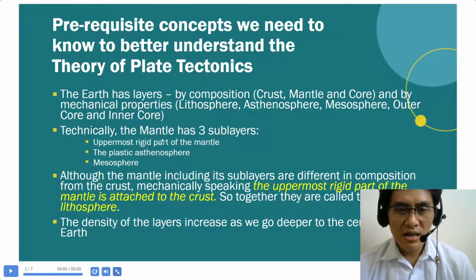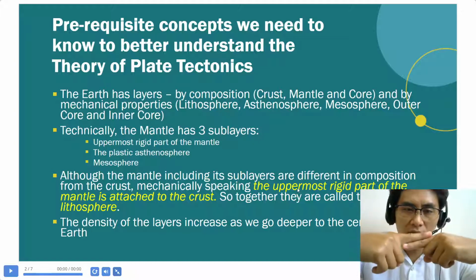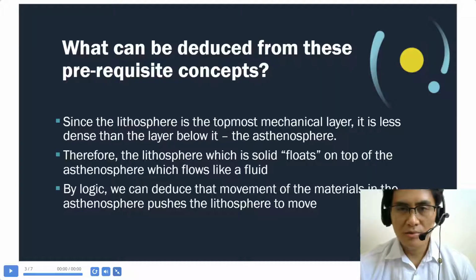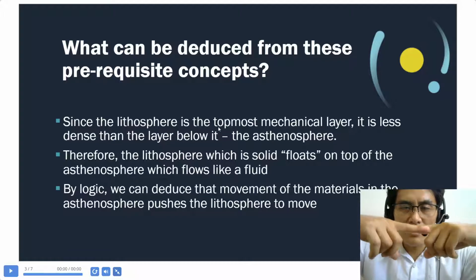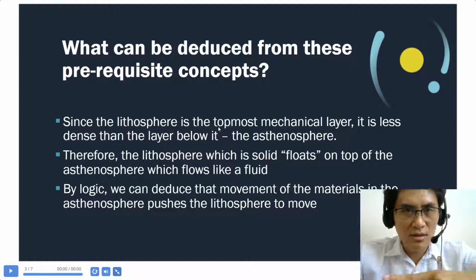But it emphasizes this concept that the crust and the upper mantle are stuck together and form the lithosphere. And because of the density, right, as was stipulated a while back, since the lithosphere is in the topmost layer, that means it is less dense than the layer below it, which is the asthenosphere.